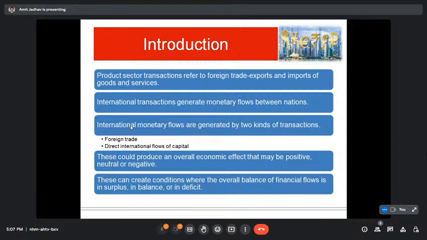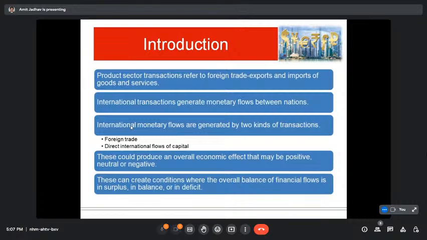Surplus means that in international transactions, a country has a surplus of foreign exchange: maybe it has more exports than imports, and maybe more capital inflow than capital outflow, so it gets a surplus in international transactions. Balance means exports and imports, as well as inflow and outflow of capital, are equal.